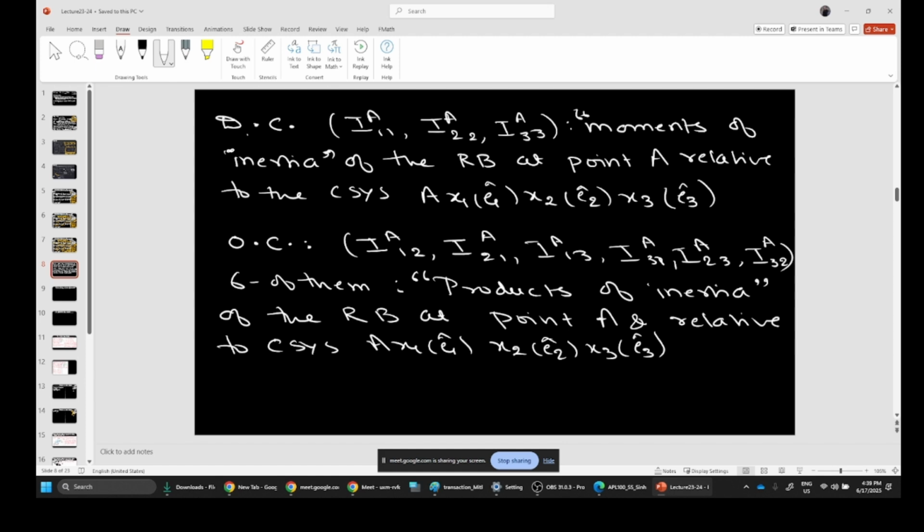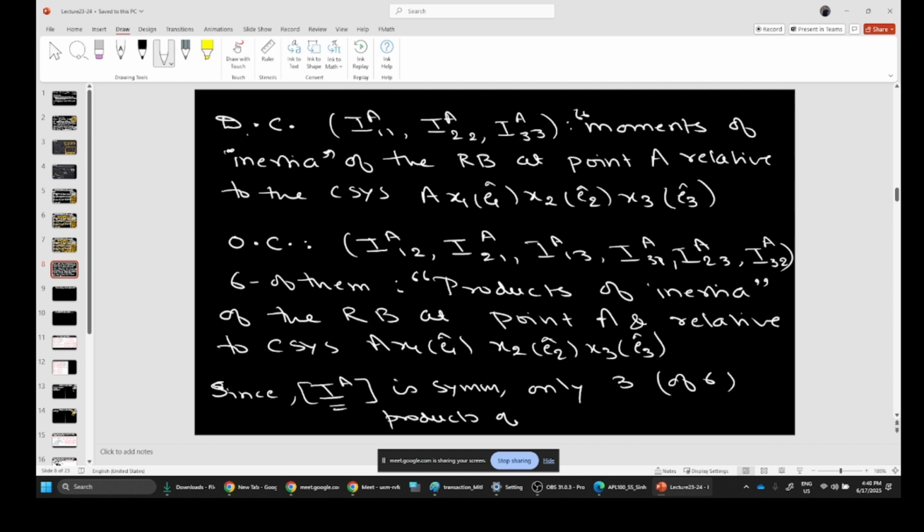Clearly there are only 3 independent products of inertia because the matrix is symmetric. Only 3 of 6 products of inertia are independent.